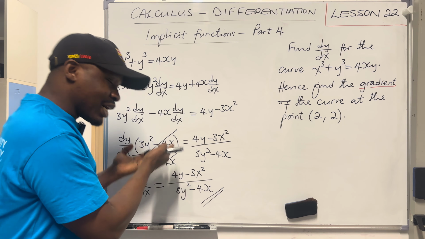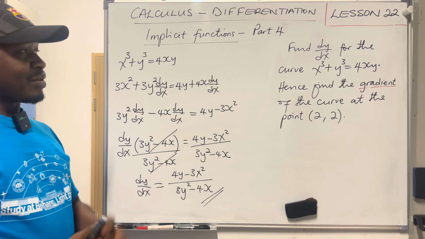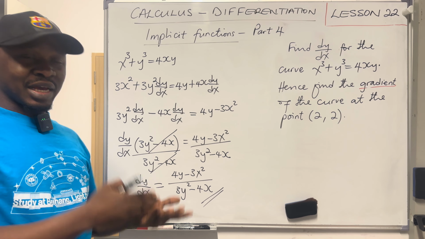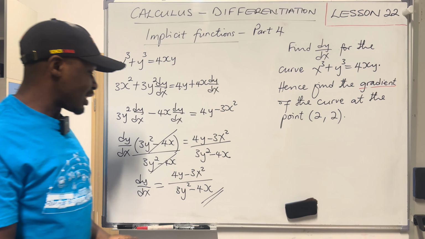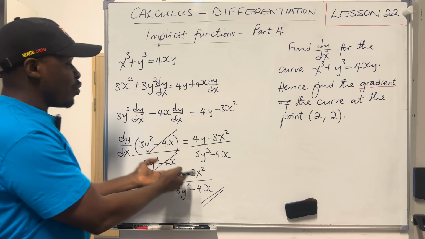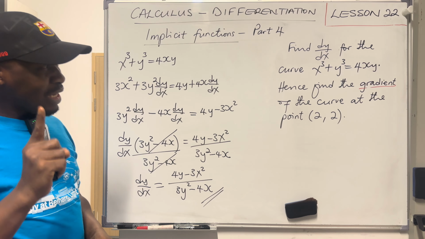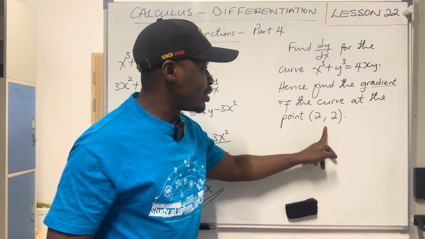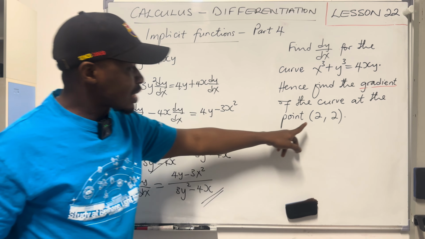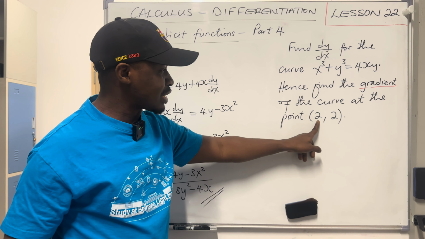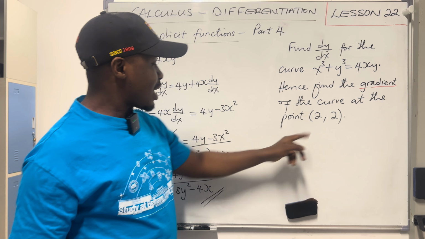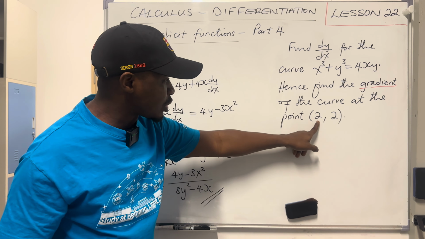And this is already the gradient. Find the gradient means find the dy dx, which is already this. Only that at this point, this represents x, this represents y. So wherever we see x, we write 2.